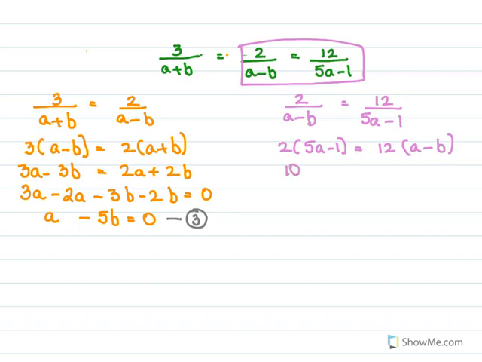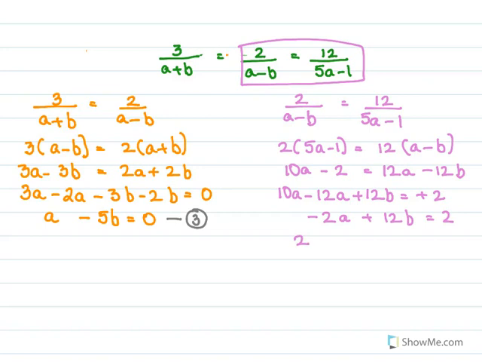Open the bracket, 2 into 5a, 10a, 2 into minus 1, minus 2, 12 into a, 12a, 12 into minus b, minus 12b. Bring all the a's together, 10a minus 12a, bring the b also to the side, so minus 12b becomes plus 12b, minus 2 becomes plus 2. So 10a minus 12a is minus 2a plus 12b equals 2.